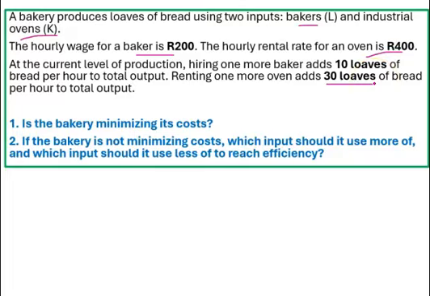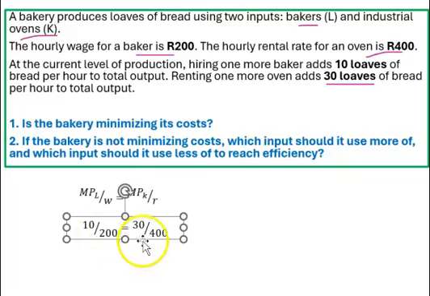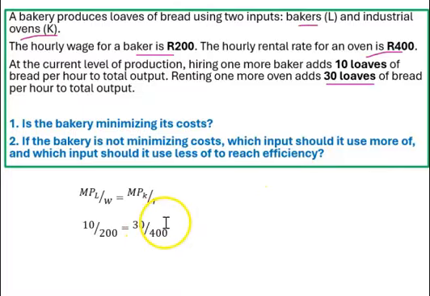So is the bakery minimizing its cost? Remember that our equation is marginal product of labor over wages equals marginal product of capital over the rental rate. This is if we want to minimize cost. What we have is the marginal product of labor is 10 loaves and the wage is 200 Rand, and the marginal product of capital is 30 loaves and the rental rate is 400 Rand.